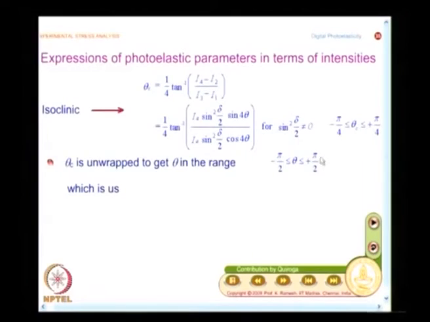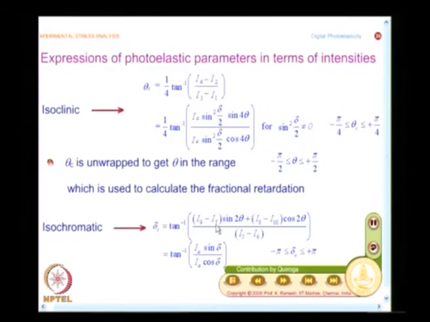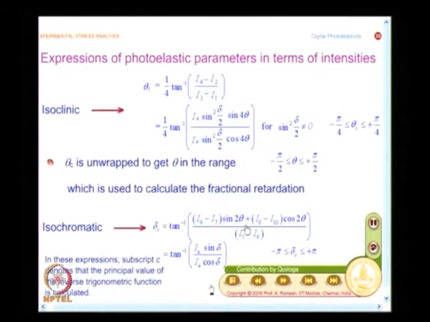So, I have the expression for delta given as delta c equal to tan inverse of I 9 minus I 7 sin 2 theta plus I 8 minus I 10 cos 2 theta, divided by I 5 minus I 6.